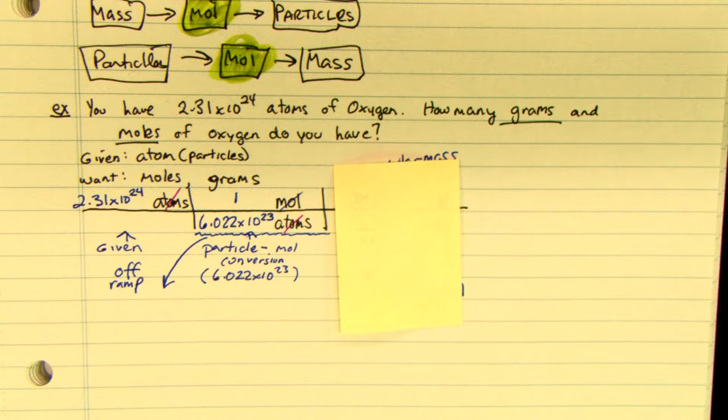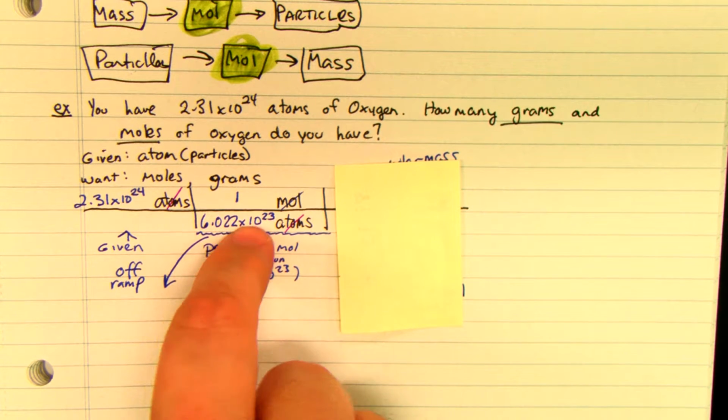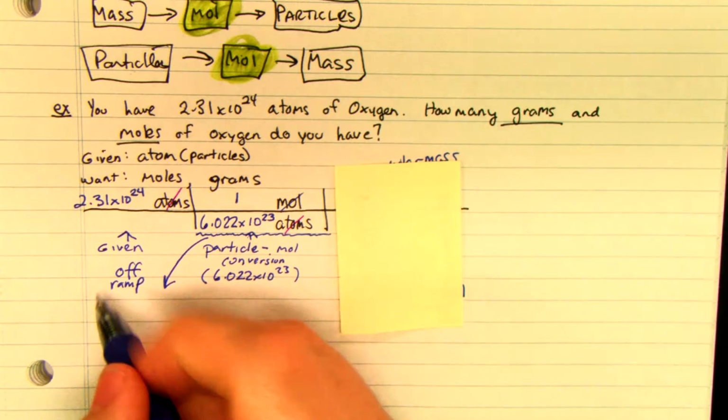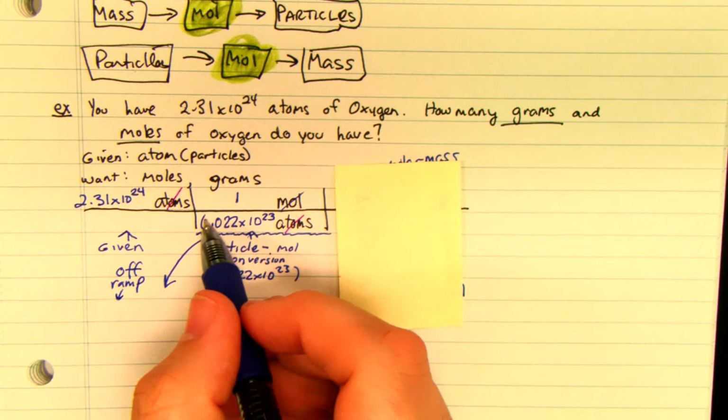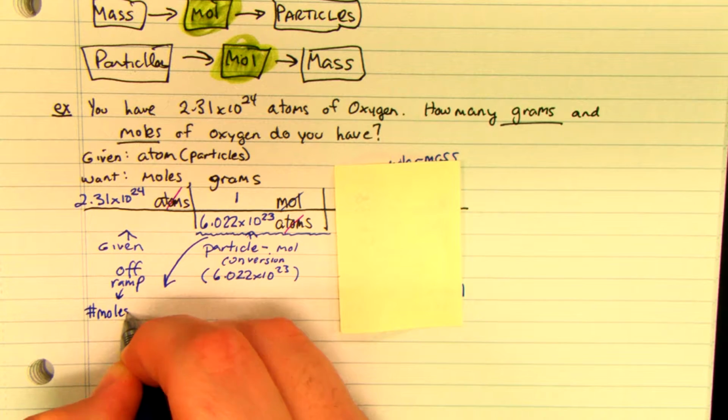So, even though we've set this problem up to get to our final answer in grams, in this first conversion, we can actually get the answer in moles. So this off-ramp after the first conversion will give us the number of moles that we have. And then we can go to the number of grams.